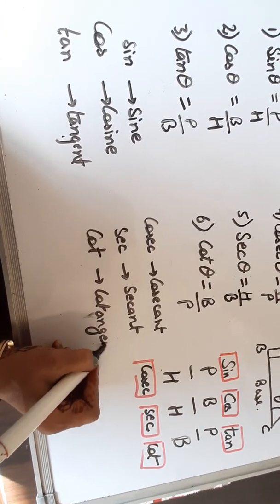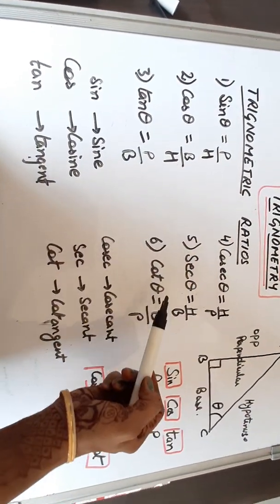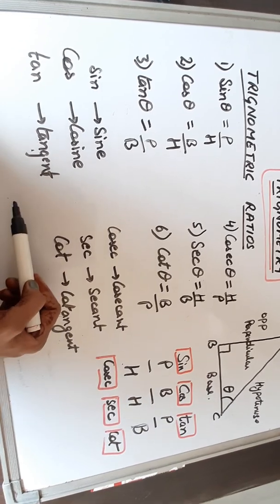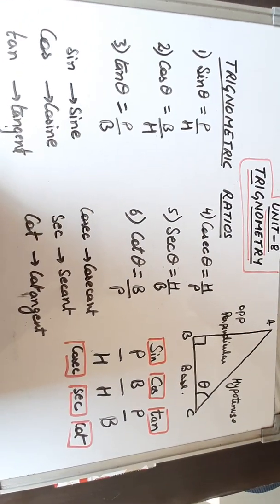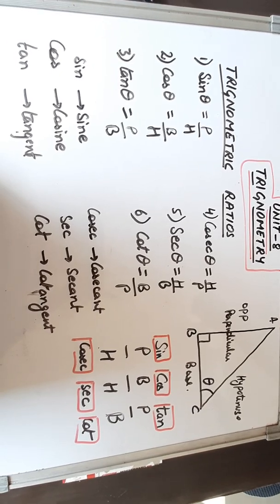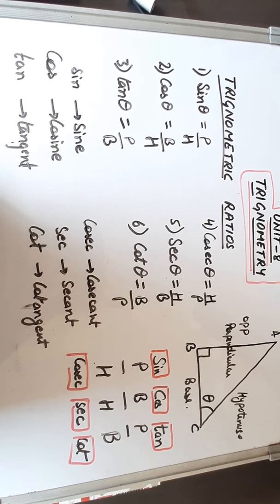These are the abbreviations we are using, and these are their full forms. Note down all these things in your notebook. In the next video we'll start doing exercise 8.1.